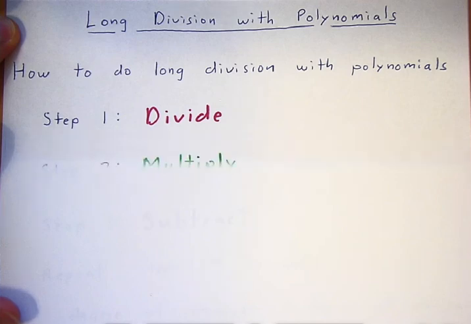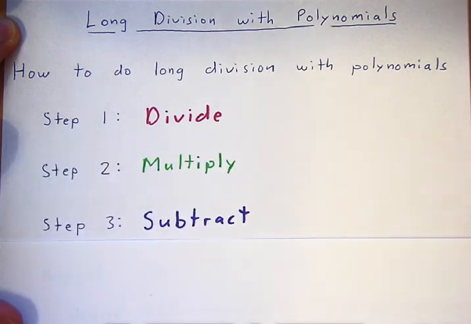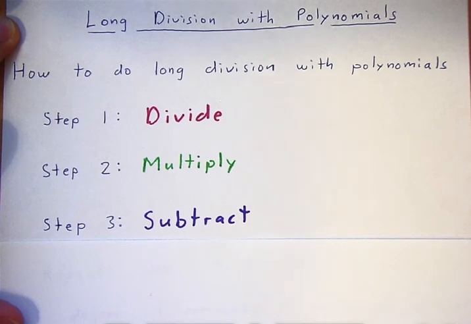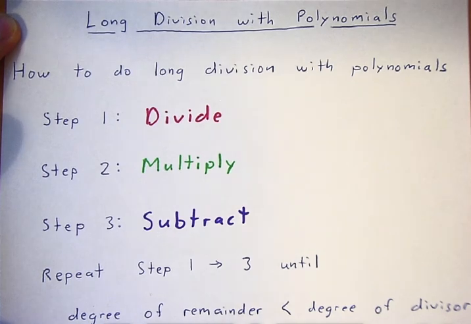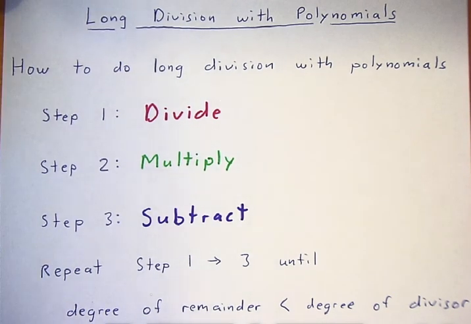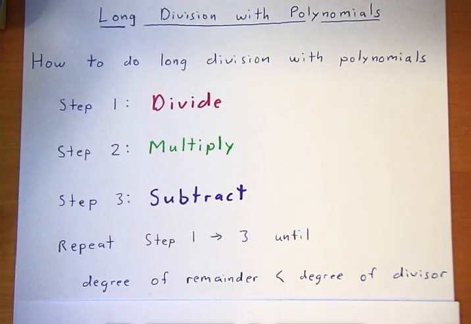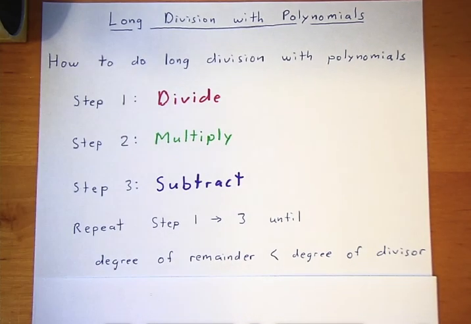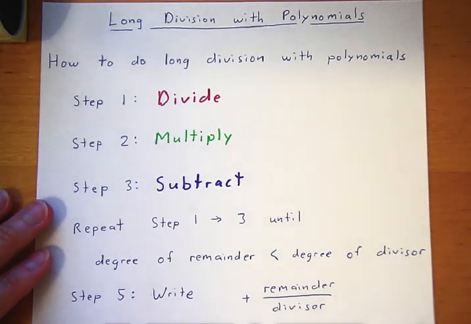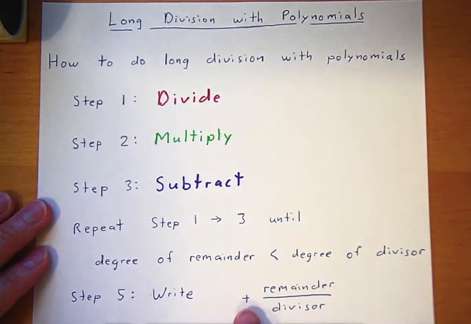Next is multiply. Next is subtract. For longer division problems, you just repeat these steps until your remainder has a smaller degree than your divisor. And finally, the last step is you write plus remainder divided by divisor.